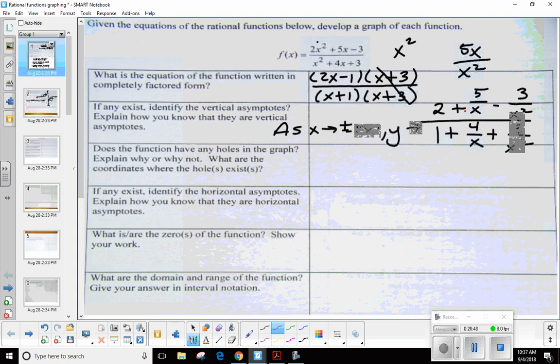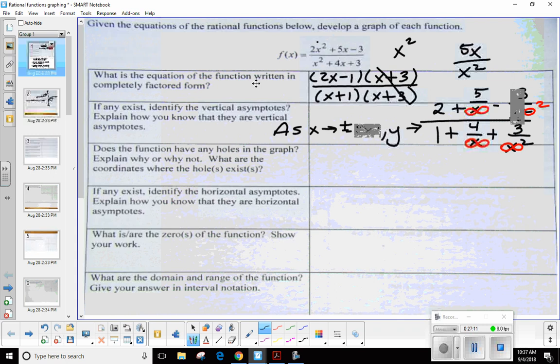It doesn't matter positive or negative. What happens to the value of a fraction as the denominator becomes larger? It decreases, it gets smaller, right? So if the denominator becomes infinitely large, then the value of the fraction becomes infinitely small.